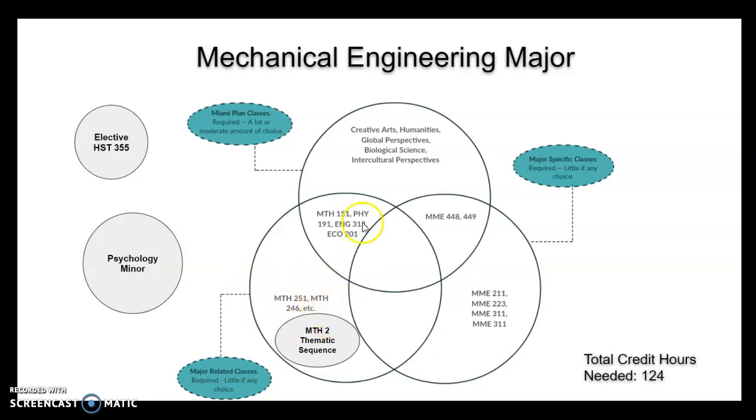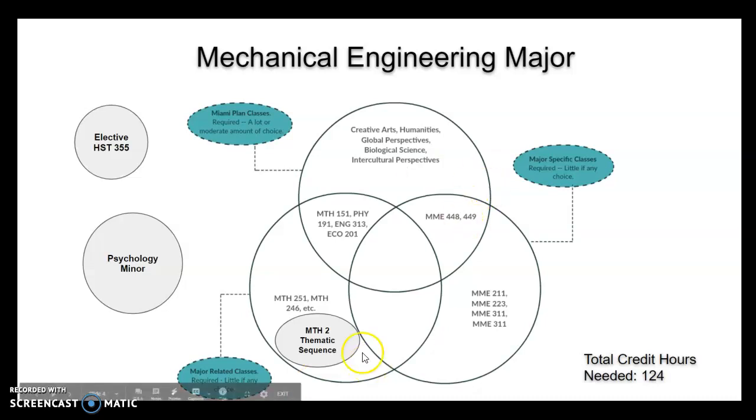So they're listed here. And then we've got these classes that are overlaps between the major related courses and Miami Plan. So this is formal reasoning, this is a physical science, this is an advanced writing, and economics is the social science. So these are the categories left that a mechanical engineering student has total free choice in.